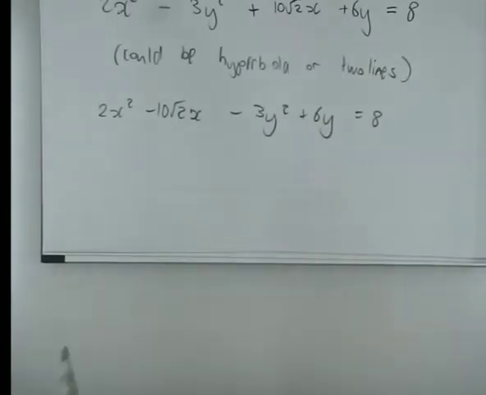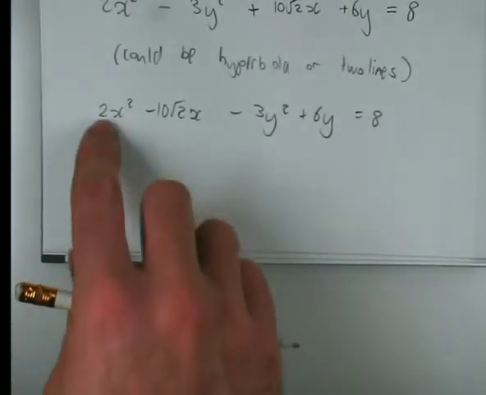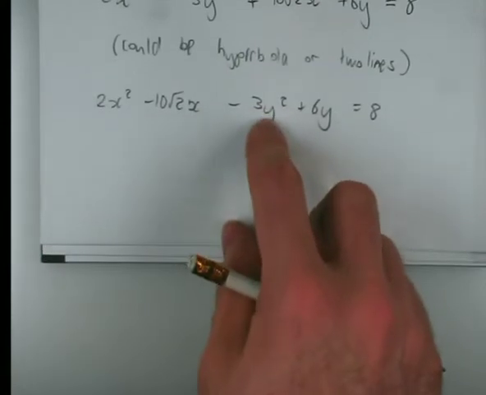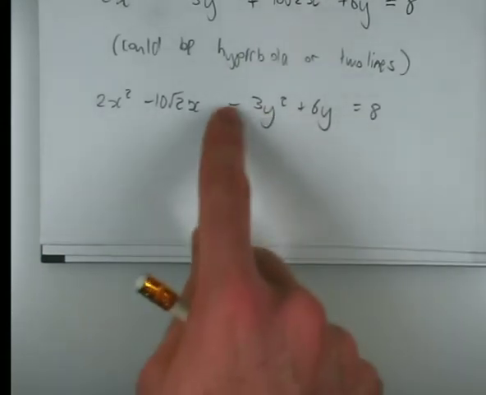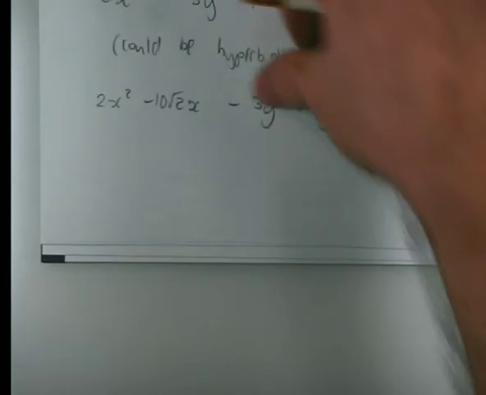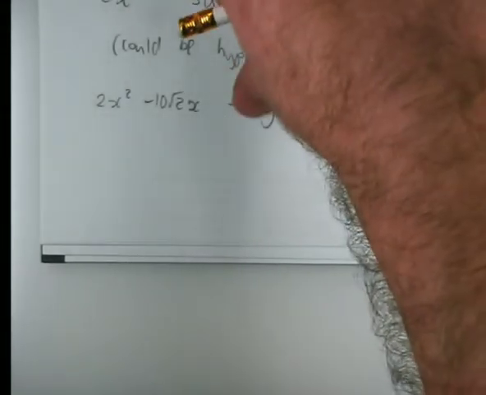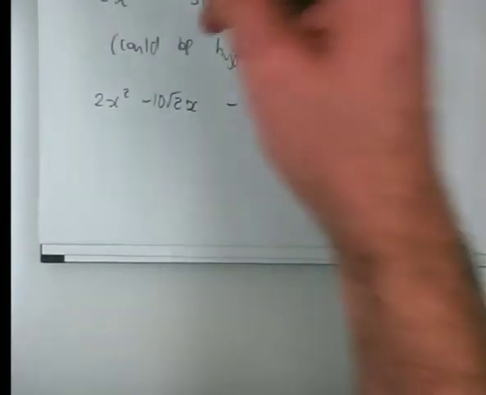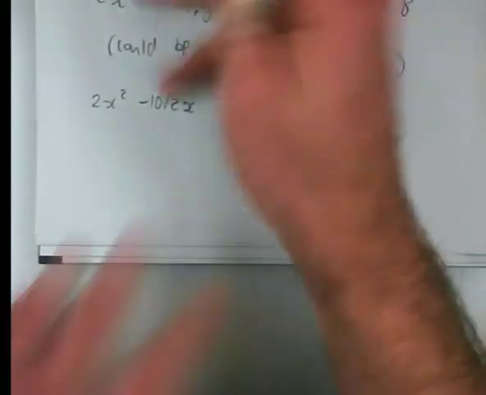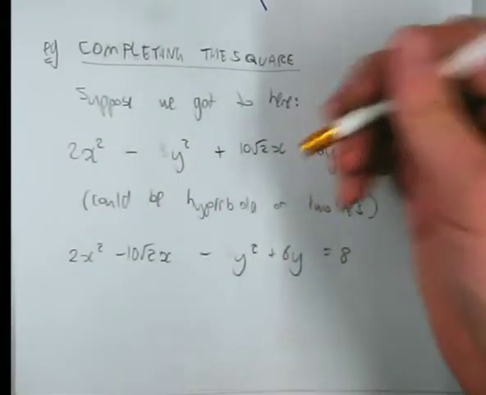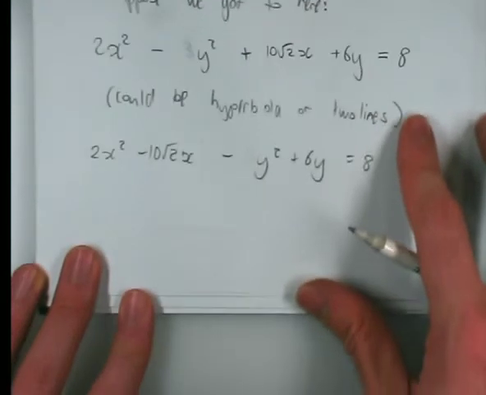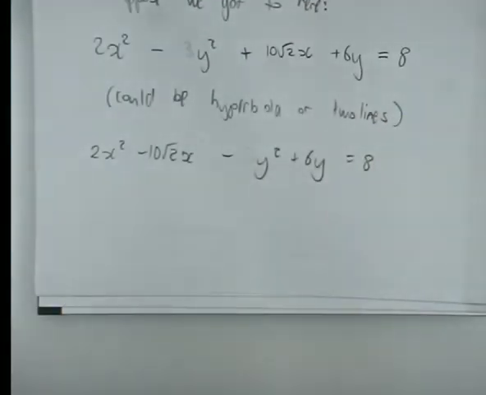Right. Well, the first step after that is to take out the constant that's in front of each of these things. Okay, even if it's just a minus, you have to take the minus out. So if it was just not minus 3, but just minus, in fact, why don't I just do it that way? If it's just a minus, you still have to take it out. And don't forget to bring the minus with you.